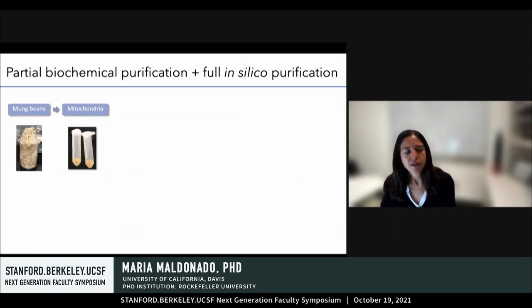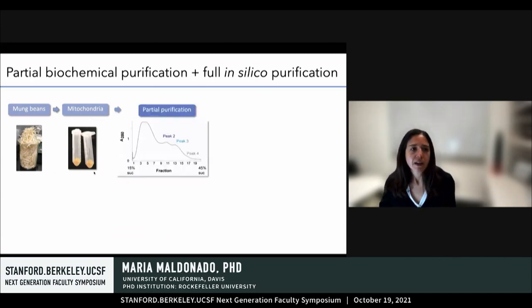In order to do this, we developed a non-traditional approach of using a partial biochemical purification followed by in silico purification of the complexes. We start with mung beans, which is our model organism, and we first isolate the mitochondria from them. Then we extract the membrane complexes with gentle detergents and proceed through an initial partial purification using a sucrose gradient.